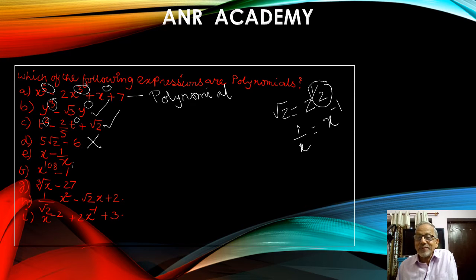It is a negative integer. So x minus 1 by x is not a polynomial.